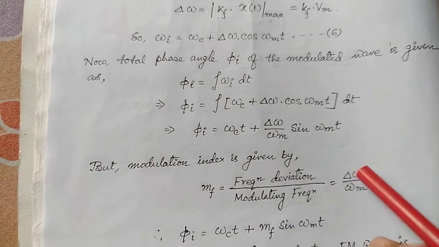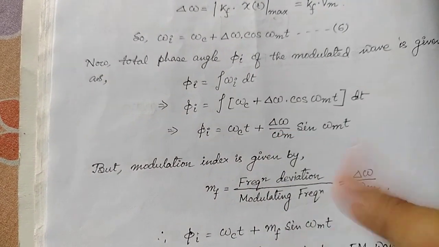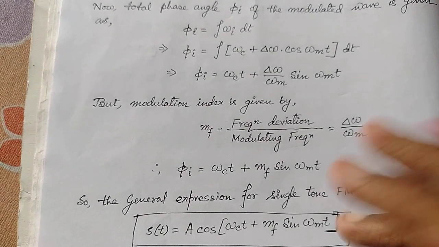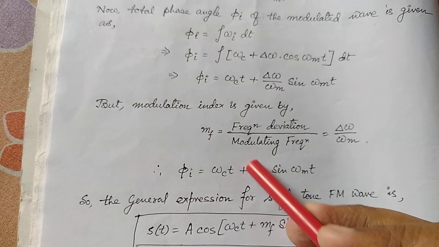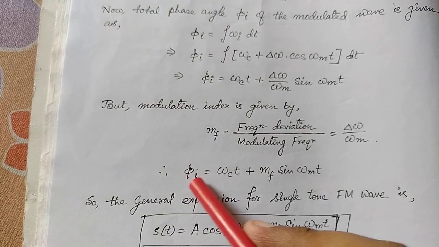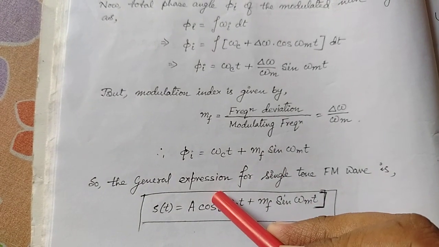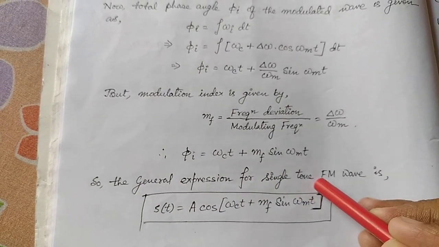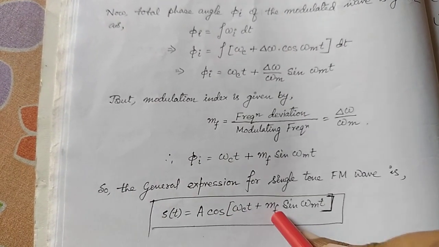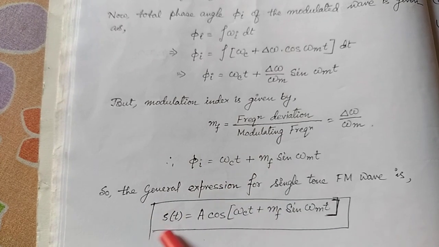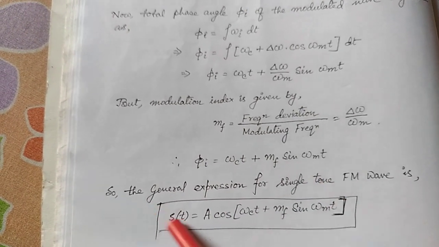Frequency deviation is Δω, modulating frequency is ωm. So Δω/ωm is my modulation index, denoted by mf. So φi equals ωc t plus mf sin ωm t. My general expression for single tone frequency modulation becomes A cos(ωc t plus mf sin ωm t). This is my overall single tone frequency modulation expression.